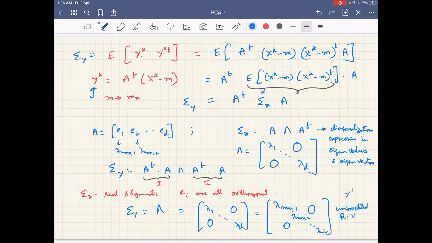So yk are now uncorrelated random variables. Sorry, an uncorrelated random vector. If you see any of the yk, their features are not correlated across y.